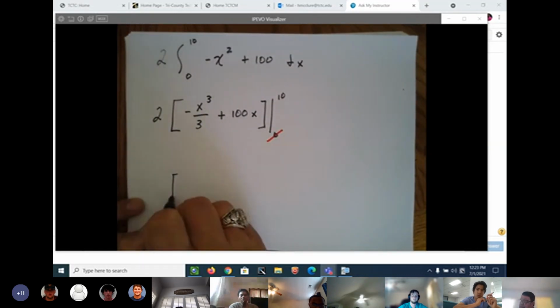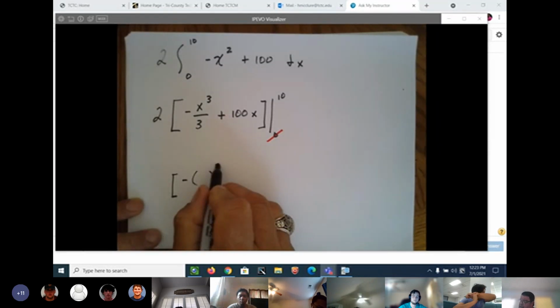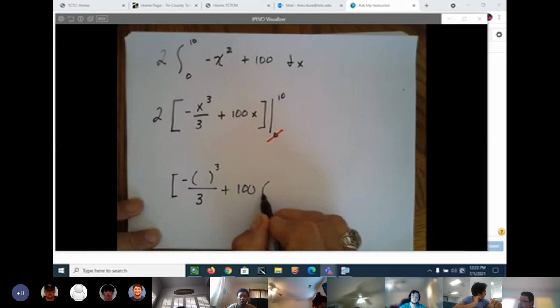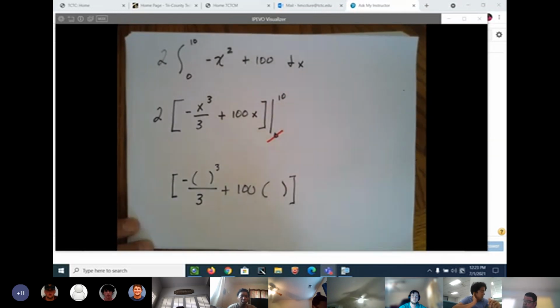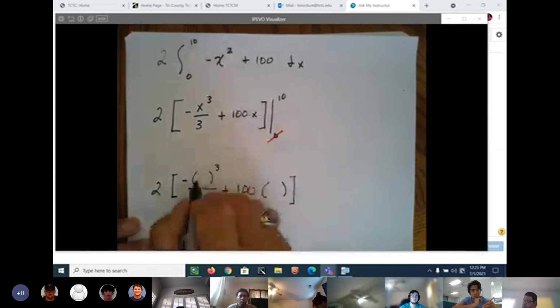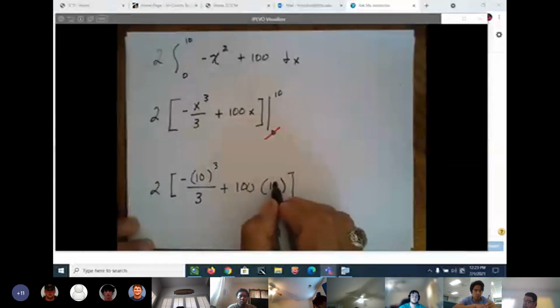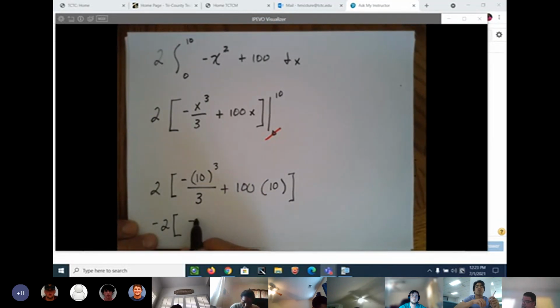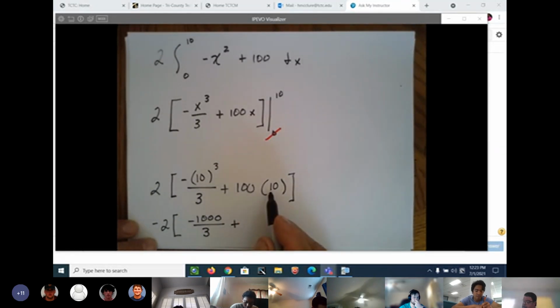So negative parentheses cubed over 3 plus 100 times parentheses. And that's going to be 10 and 10. And that's going to be 2 times negative 1,000 over 3 plus, well, that's 1,000, but you've got to put it over 3,000.